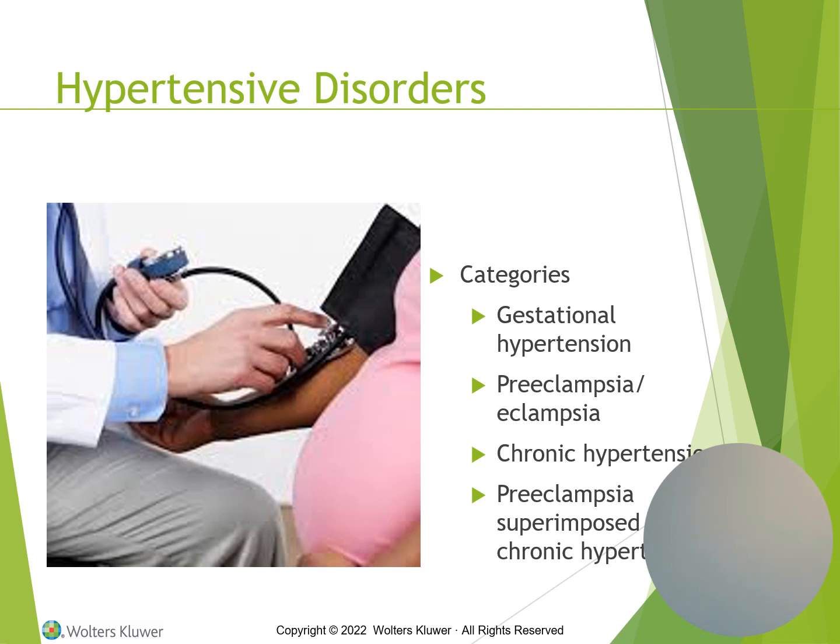There's no preventive therapy known to date, although aspirin can decrease risk in moderate to high risk women. There's no diagnostic test available to predict this, so it requires careful monitoring and early detection through regular prenatal care, which is the standard of care to help reduce morbidity and mortality.